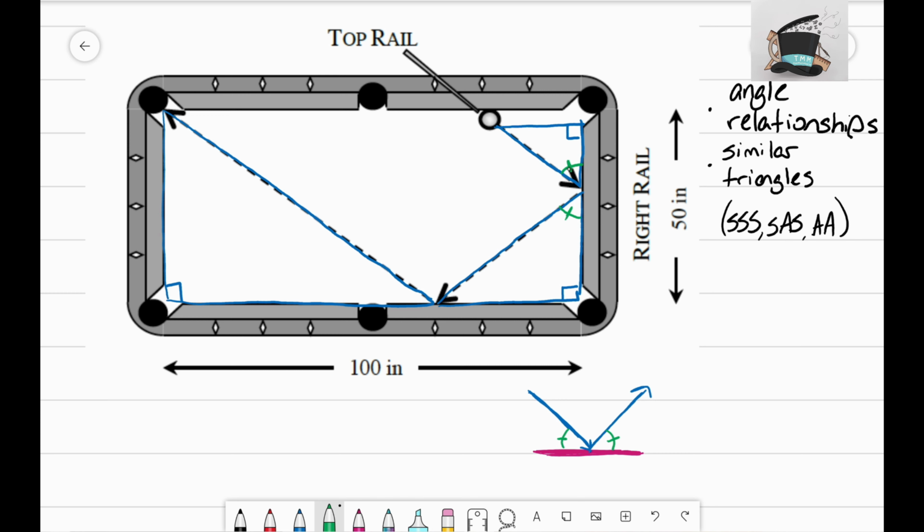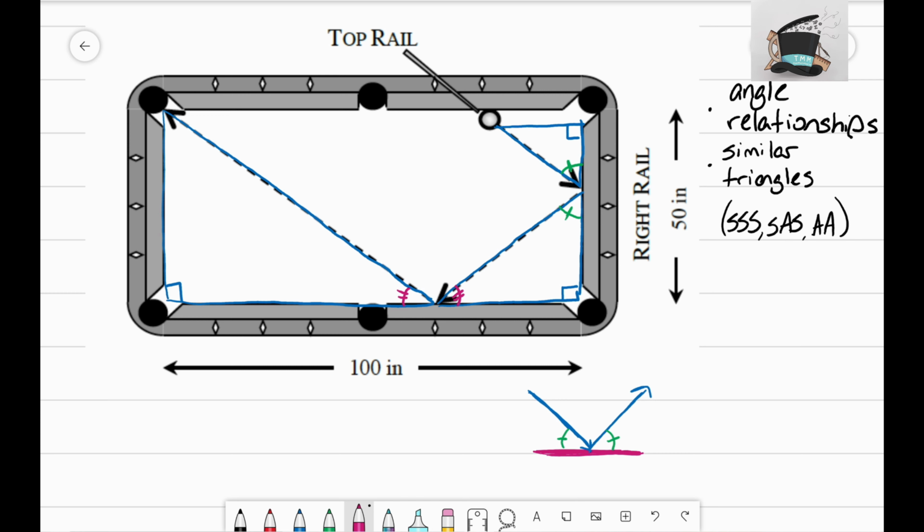Okay? Those two angles are equal. The same thing is going to happen on these two angles. Now, this angle and this angle are not the same, but I do know that whatever this angle is, it's going to be the same as this angle there.